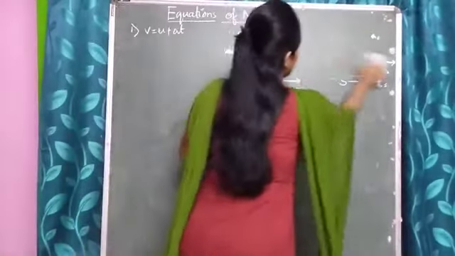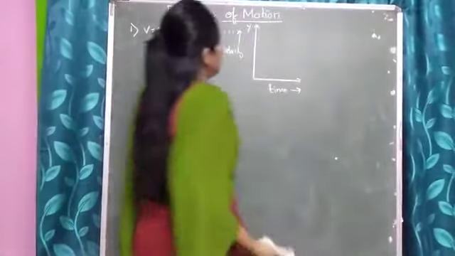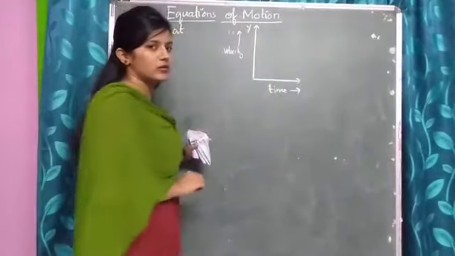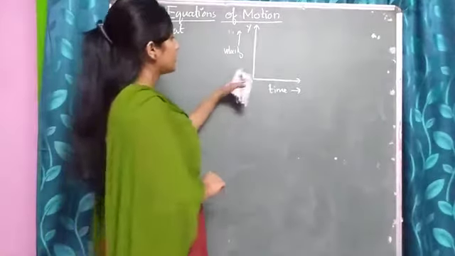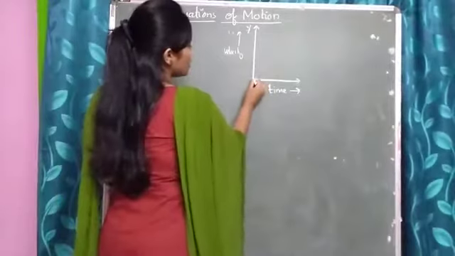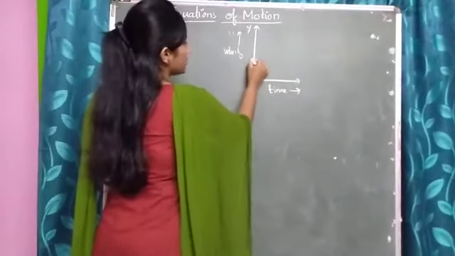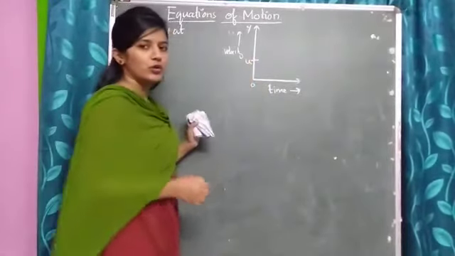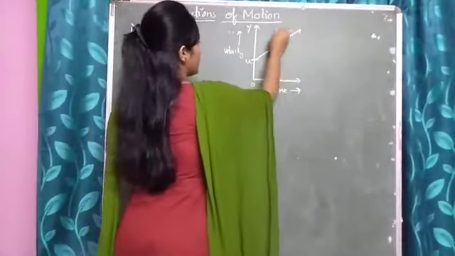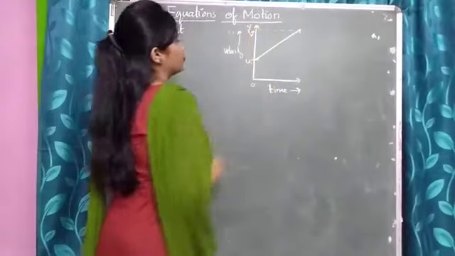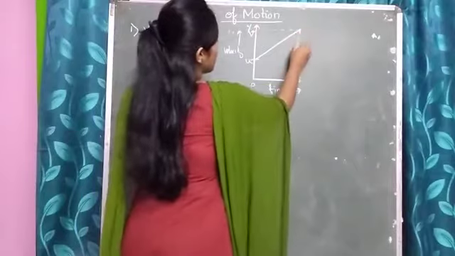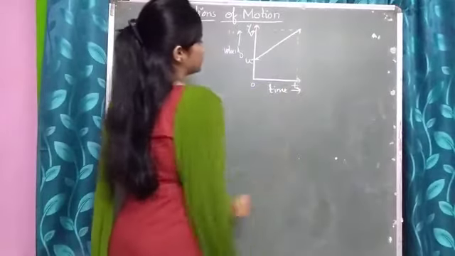And for uniform acceleration, I had said that it will be a straight line. Since at t equals to 0 it is having an initial velocity U, the graph will start from here to a final velocity of, suppose, V. And it has reached final velocity V at time t second.